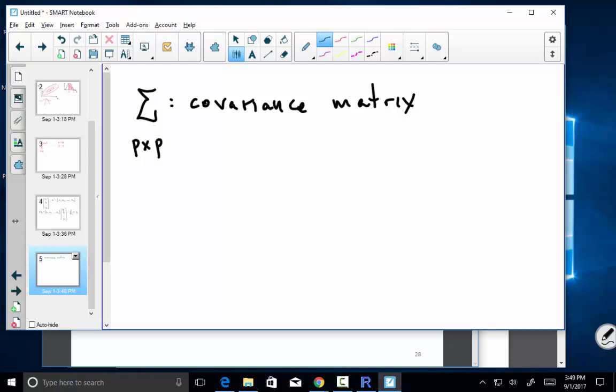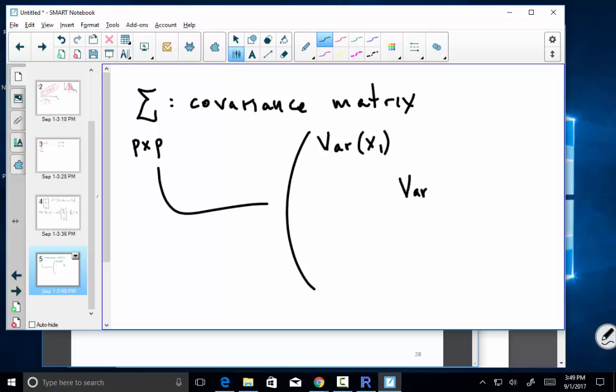We have P variables. Inside the P by P covariance matrix, the diagonals are variances. So in the first row, first column is the variance of the first variable. In the second row, second column is the variance of the second variable.